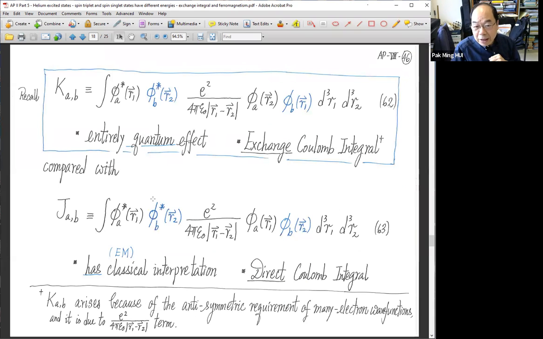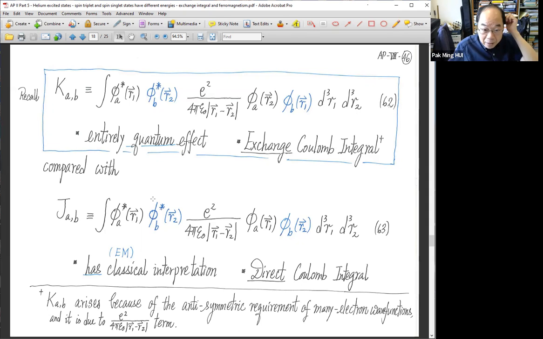So this was the integral that we introduced previously, generally two states, spatial wave function AB. This is the exchange Coulomb integral, or simply exchange integral. Many will even call it exchange energy because it is an energy. It is an expectation value of the Coulomb repulsive energy.